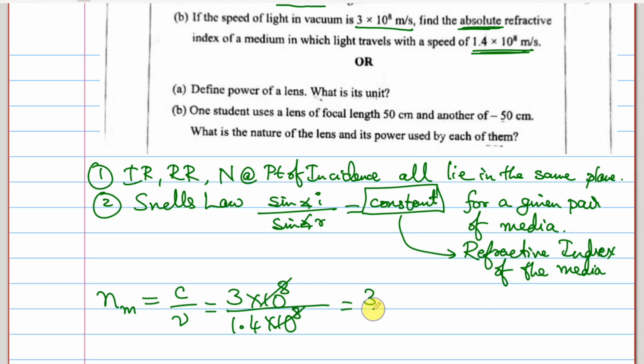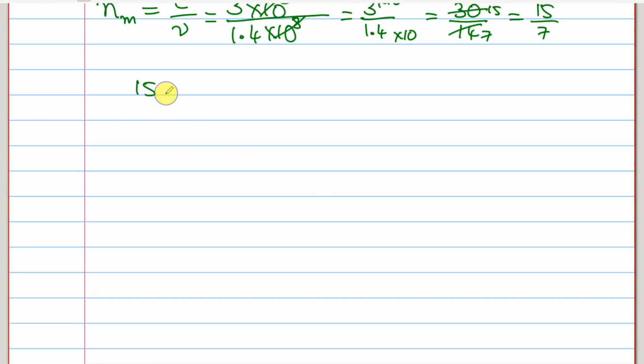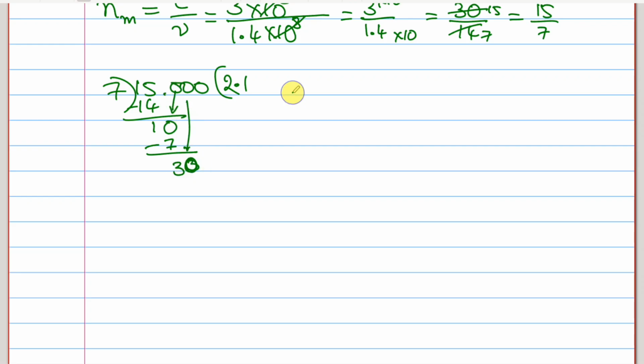So 3 divided by 1.4. We'll multiply this by 10, this by 10. We will be getting 30 by 14. 2 7s are 14, so 15 by 7. When we divide 15.000 by 7, 7 2s are 14, 7 1s are 7, 7 3s are 21, 7 4s are 28.